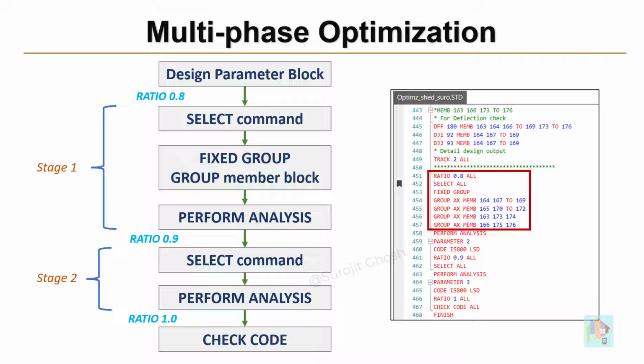Next, reanalyze the structure, change the ratio to 0.9, perform another set of optimization and reanalyze, then change the ratio to 1, and perform redesign using the checkcode command. In this whole process, design parameters are constant, considered from the first block, except the ratio parameter, which we are changing in each block. This is the correct sequence for optimization and grouping of members.